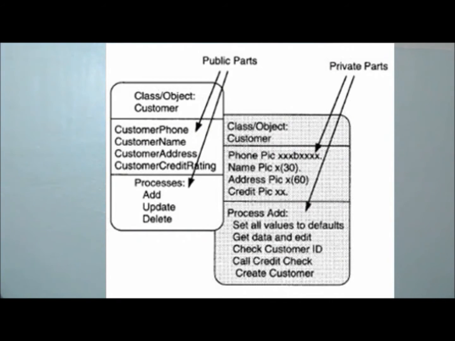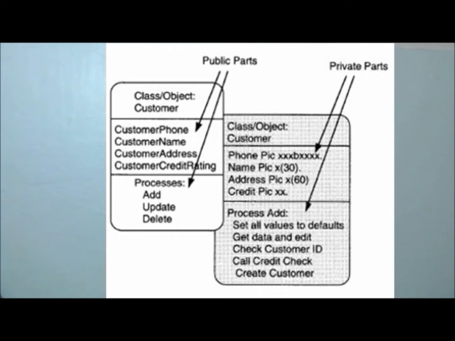And then what these objects do in unified modeling language, object-oriented analysis, they have processes, things that can be done to them. And so this particular object about customers, we can add, update, and delete.